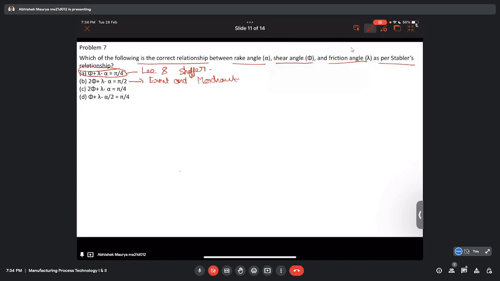Suppose it was not pi by 4, it is very similar to what is called Merchant second theory, where it is defined as 2 phi plus lambda minus alpha is equal to some constant C m.